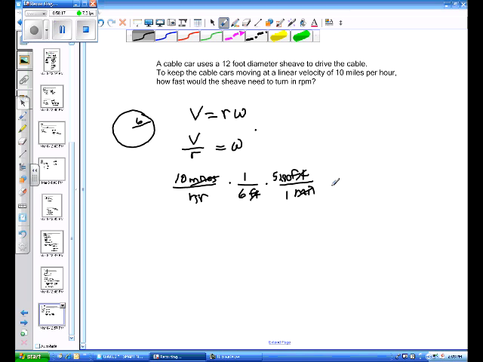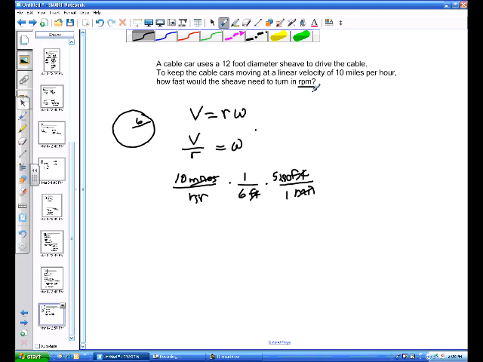Okay, we need to add one more thing. I'm sorry. I was thinking and looking at this. This is RPMs. So we need this in radians per minute. And we've got it in radians per hour. I said that and I was thinking there's something else I need to do here. So we need to change our hours to minutes. So our hours need to cancel. And we know that there's 60 minutes in an hour.